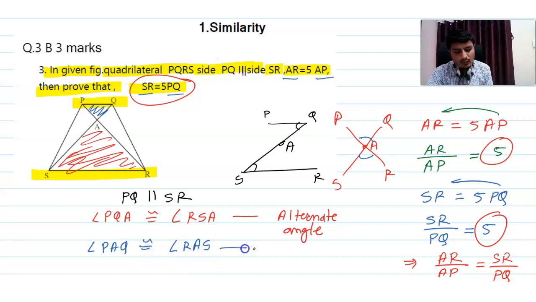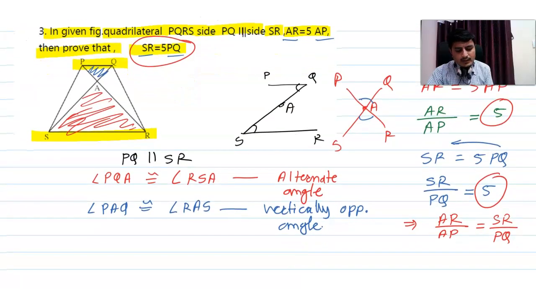Those two angles are congruent because they are vertically opposite angles. Now once two angles of one triangle are congruent to the corresponding two angles of the other triangle, we can say that the first triangle APQ and the other triangle ARS are similar by the angle test.